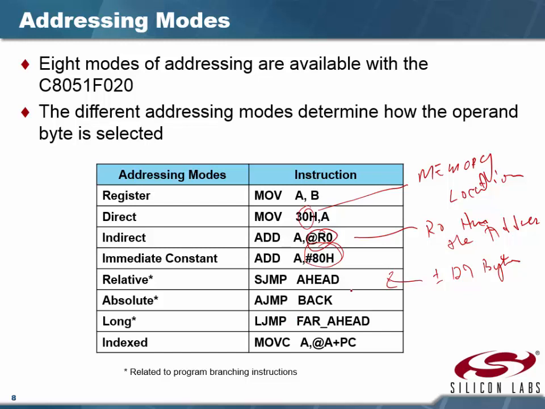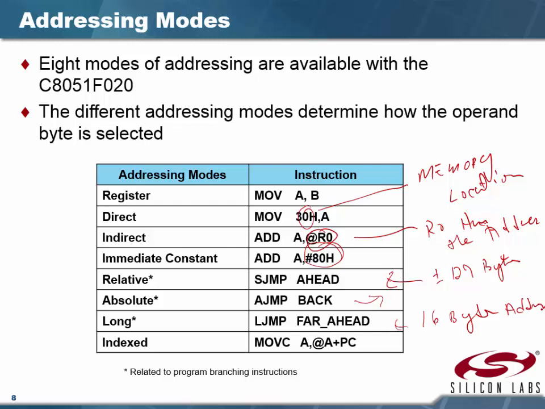And then we've got an absolute jump where we apply 11 or 12 bits of the memory location. Not all of them. In other words, we're jumping within 1 page or 2K. And the long jump means we're going to give it the full 16 bits of the address.